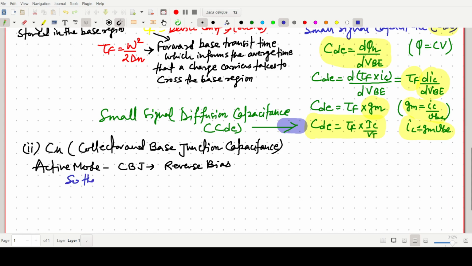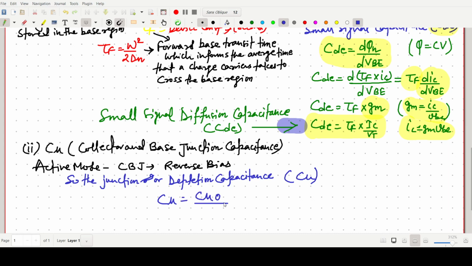So the junction or depletion capacitance is denoted by C mu, which equals C mu naught, the depletion capacitance at 0 voltage, divided by 1 plus VCB by VOC, to the power m.